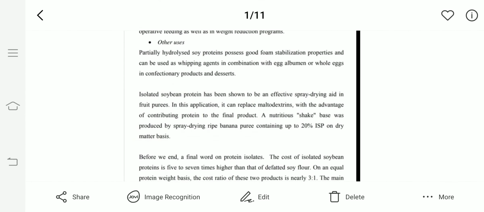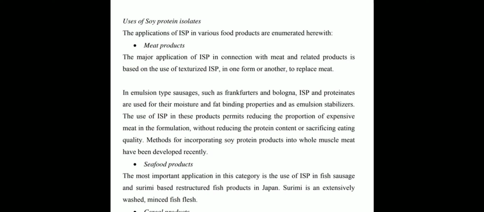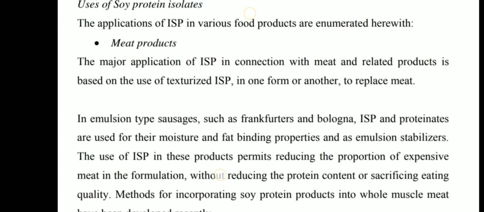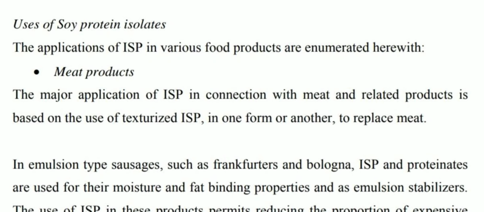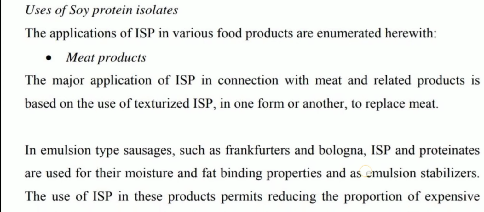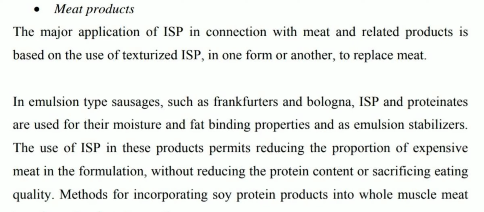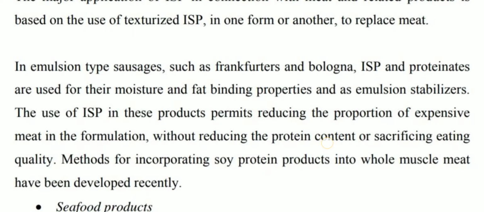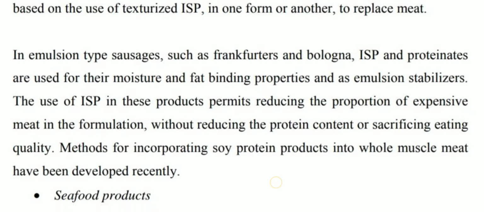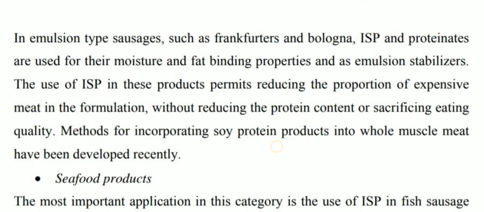Now, what are the usages of soy protein isolates? The soy protein isolates are used in meat products, in health drinks, then emulsion type sausages, used for moisture and fat bonding properties and as emulsion stabilizers.